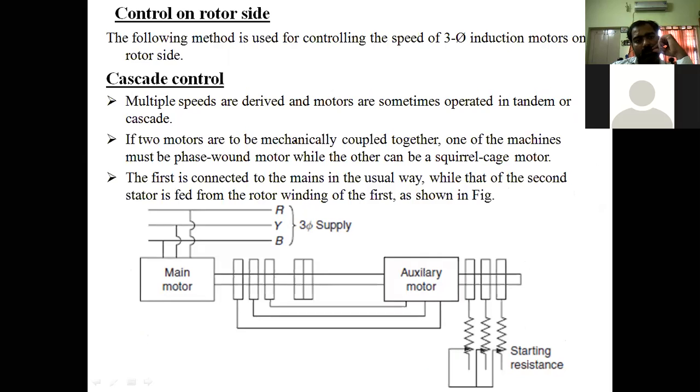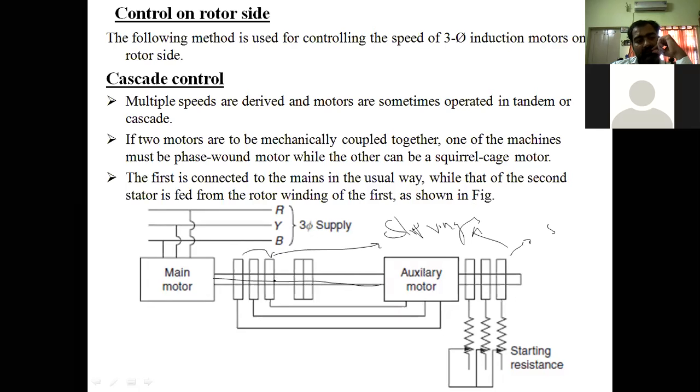Here we are going to consider two motors, that is the main motor and the auxiliary motor, which are connected mechanically to a single shaft. These three are the slip rings, these three are the slip rings here also, and this one also. Cascading means combining.